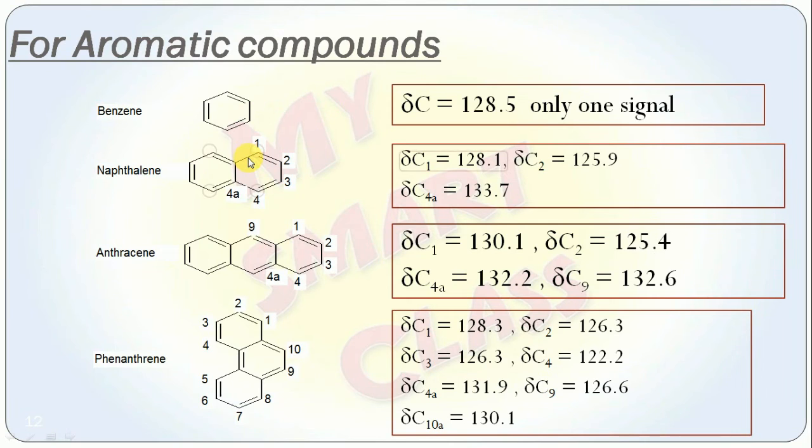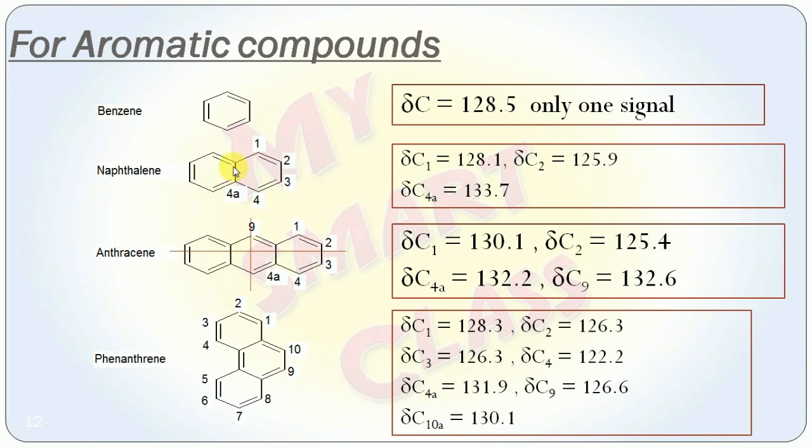Now for naphthalene, carbons 1, 4, then 5, 8, these highlighted carbons have the same value and it is 128.1. Now for C2, C3, then C6 and 7, these carbons have the same value and that is 125.9.